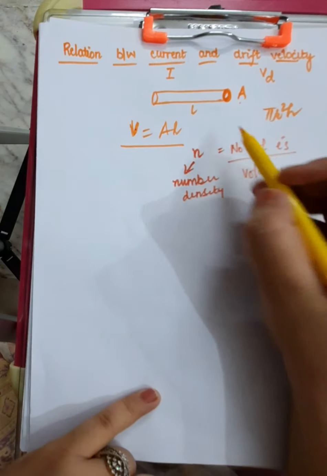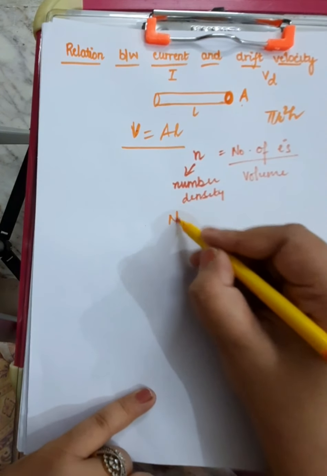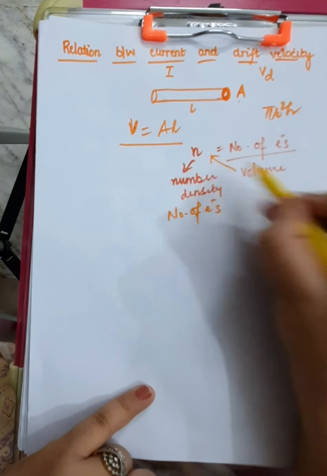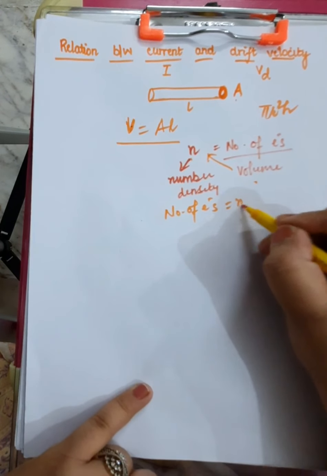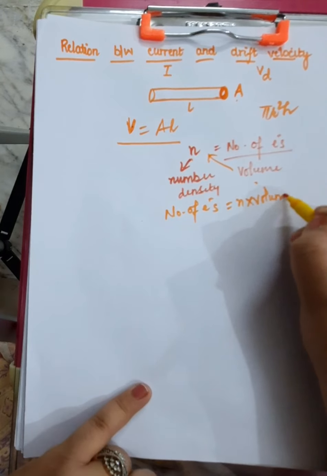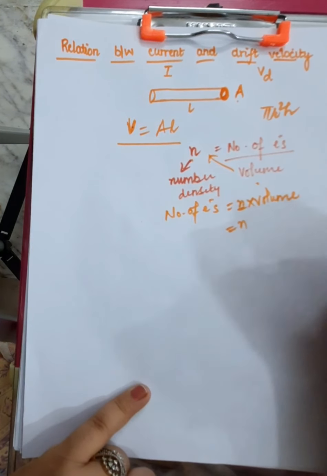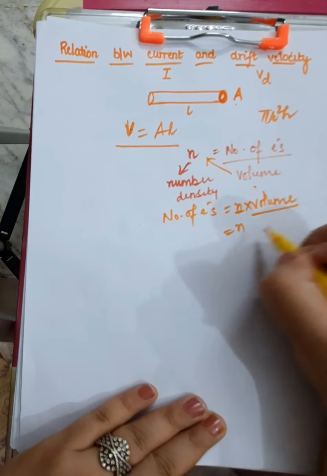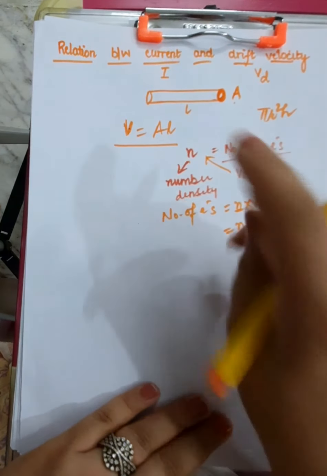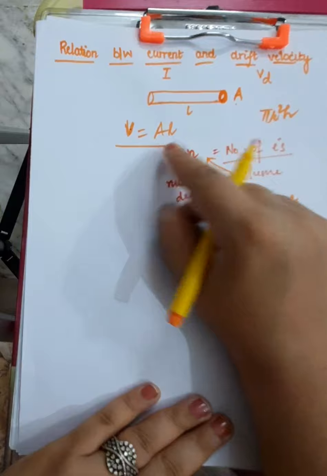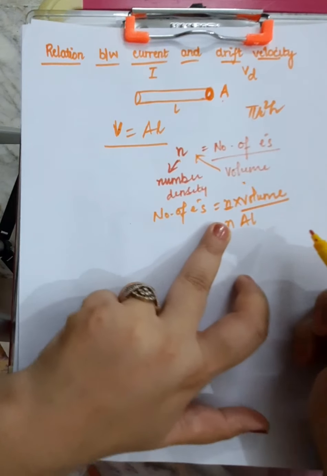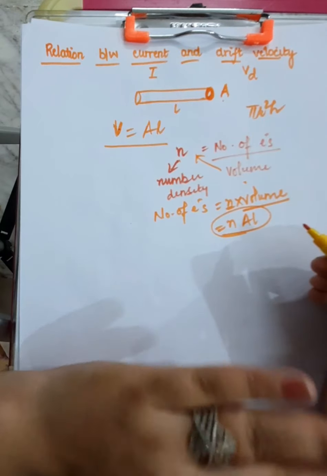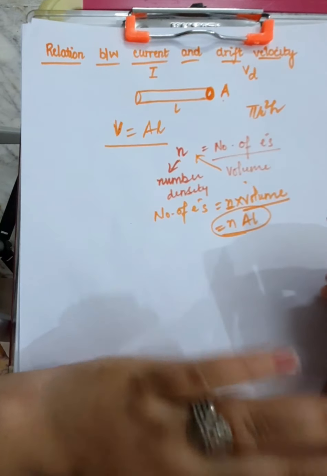Now if you want to find the total number of electrons, that will be equal to small n into volume, and the volume is equal to AL. So these are the total number of electrons.